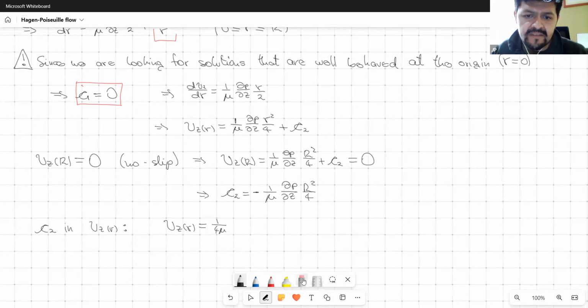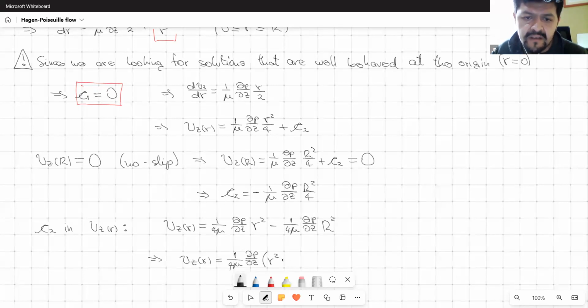So the equation we're looking for I'm going to write down slightly differently. I'm going to take this 4 and put it in the same factor here. So it's 4 mu, the partial derivative, which you remember again is a constant, times r squared, and now I'm going to do the same here. So we have the exact same terms, except that this one is with capital R. Taking a common factor on both sides gives us 1 over 4 mu, the partial derivative, times (r squared minus R squared).